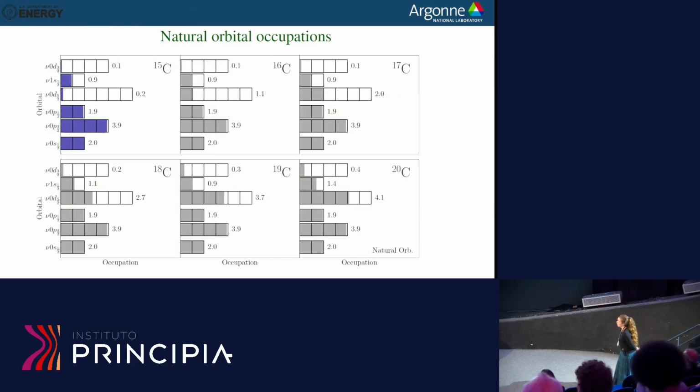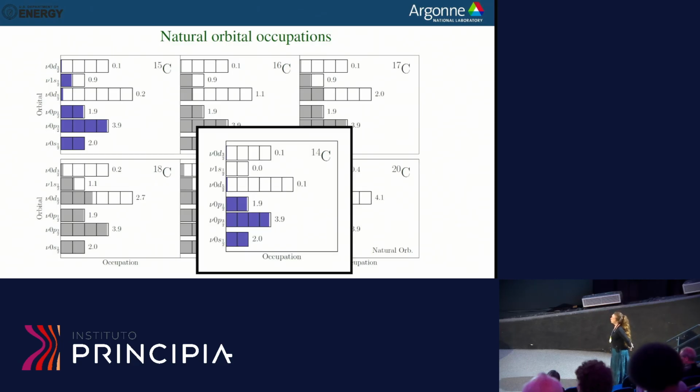And of course, we can again look at what were called out as the halo nuclei. If you go from carbon-14 to carbon-15, you're taking your closed shell carbon-14 and putting another neutron into the 1s1/2 orbital. Again, pretty much what you would expect for a halo nucleus.